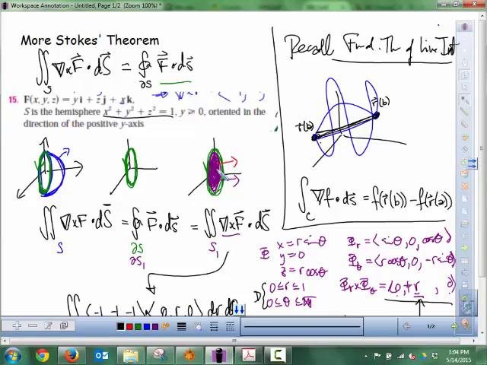You can integrate over a surface that's a lot easier to deal with than the original surface, as long as it has the same boundary and as long as it keeps the positive orientation. Okay? Is that good?